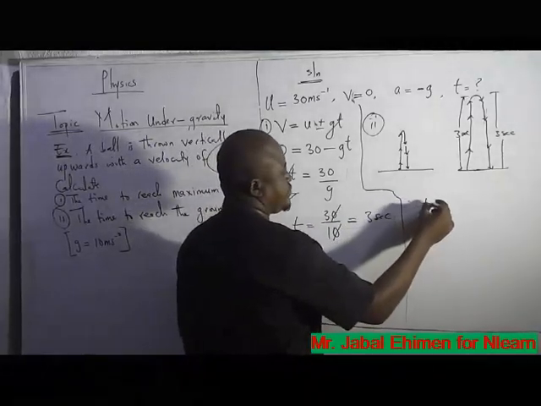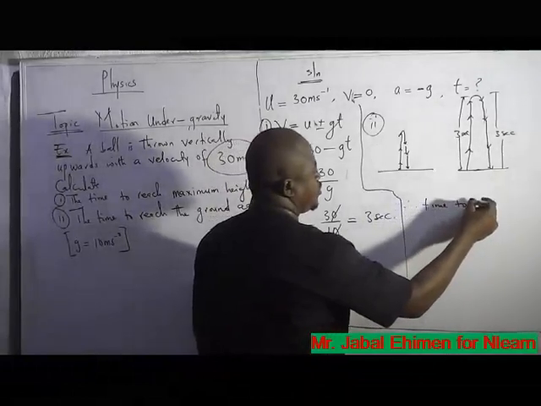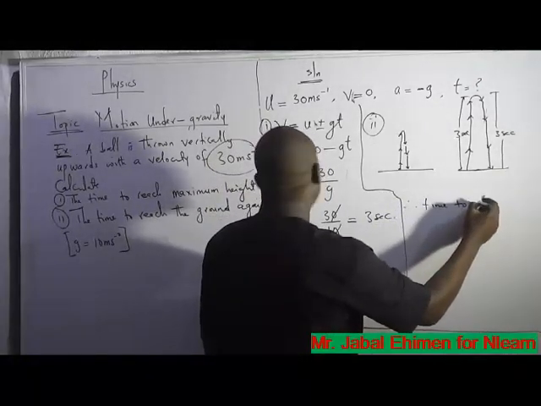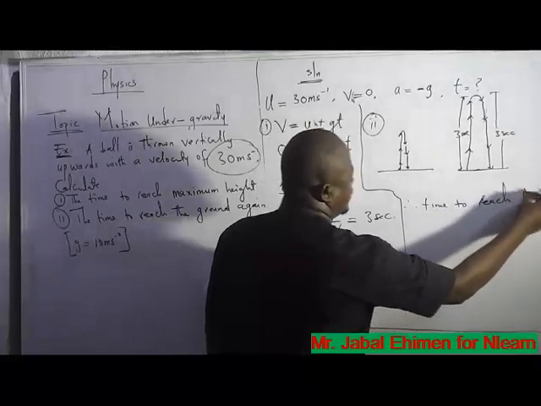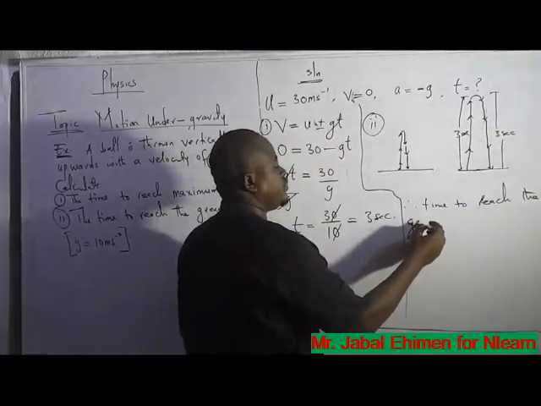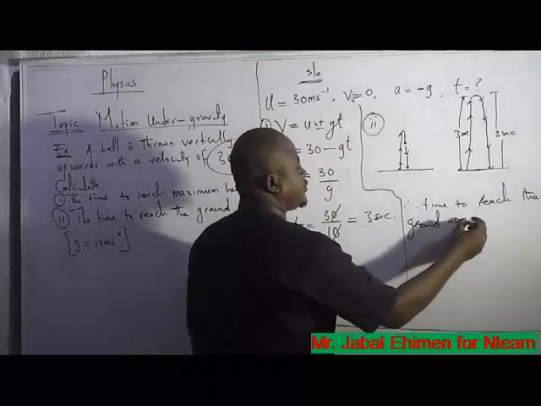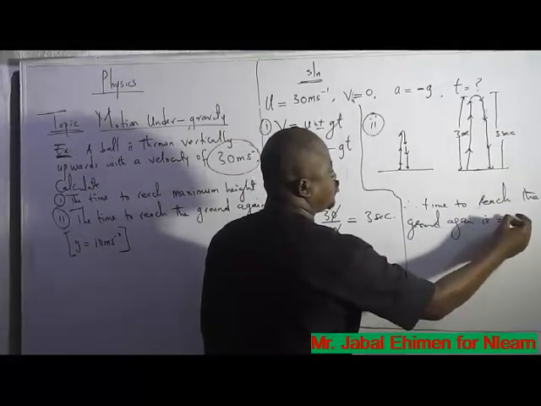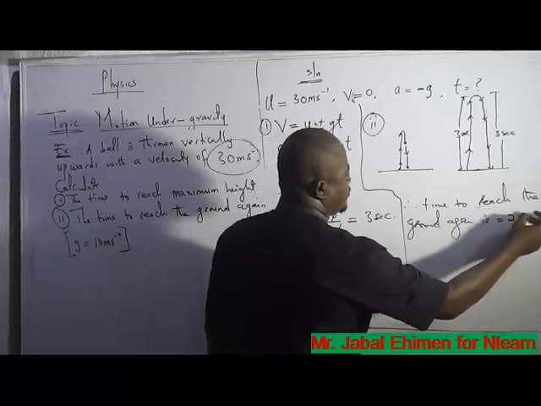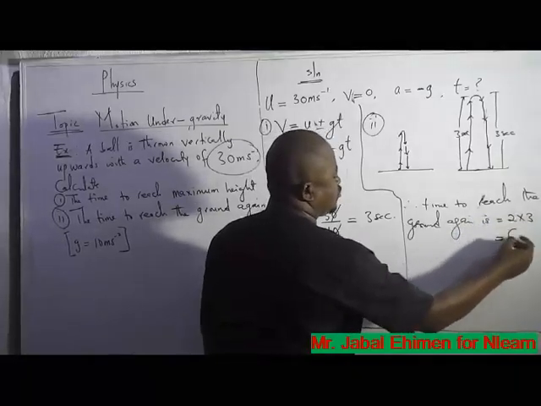Time to reach the ground again is equal to 2 times 3, which is equal to 6 seconds.